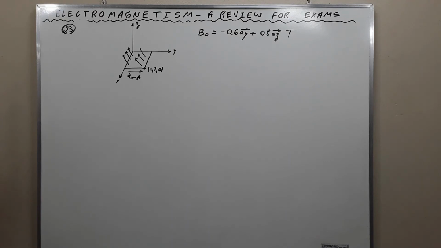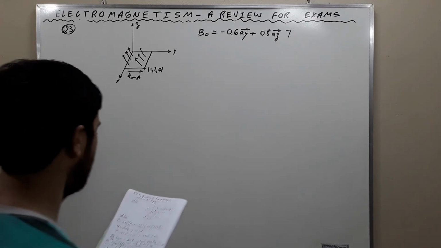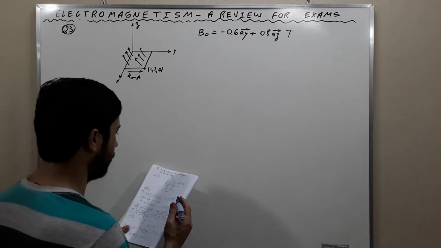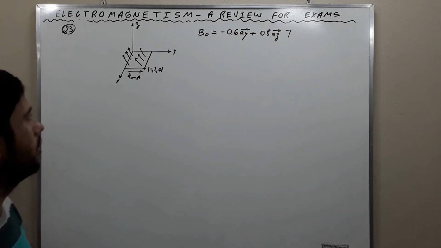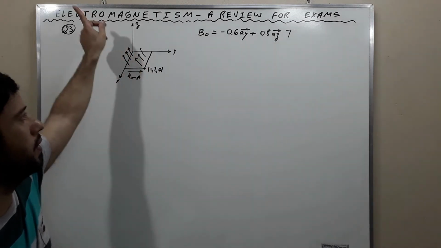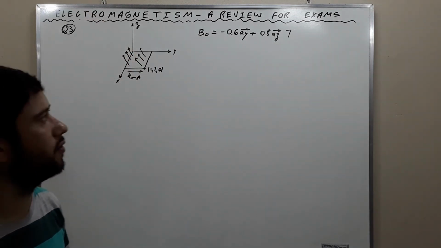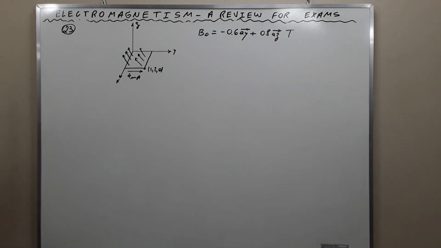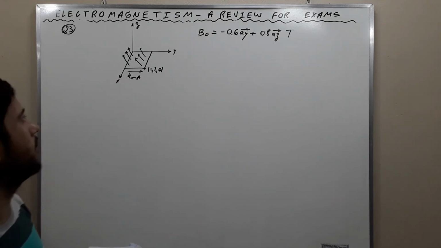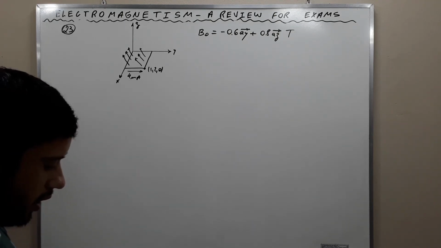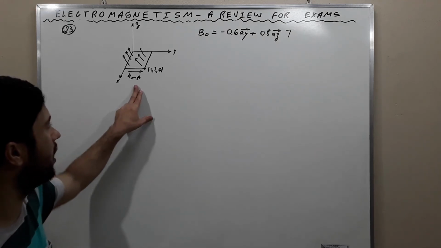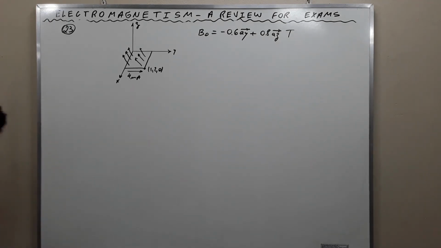We want to calculate the torque due to the magnetic force, and the torque can be calculated using this expression, the flux density here, negative 0.6 in the y direction and 0.8 in the z direction, and the value of the current, which is 4 milliamperes.